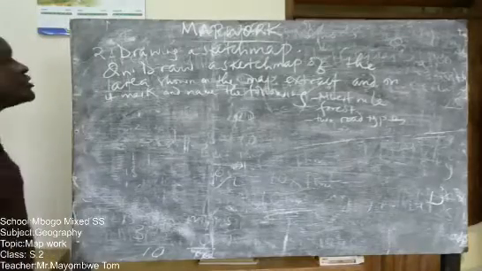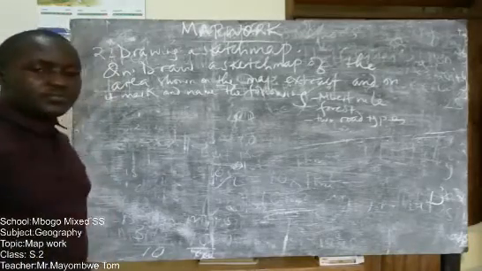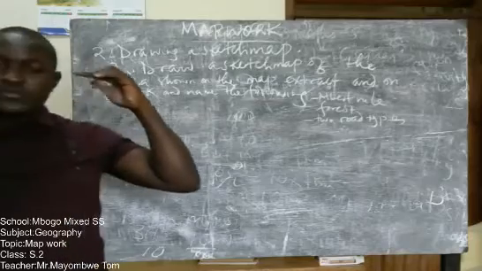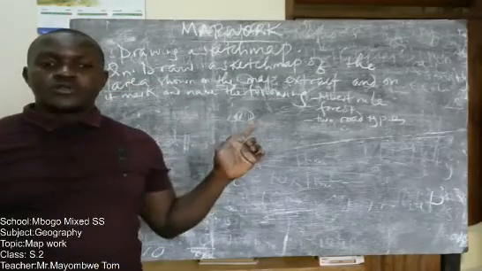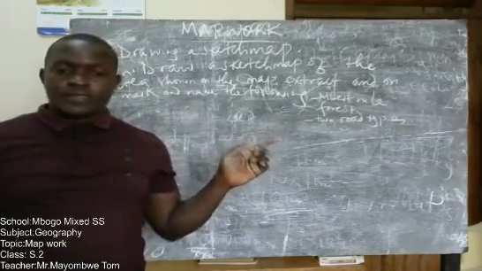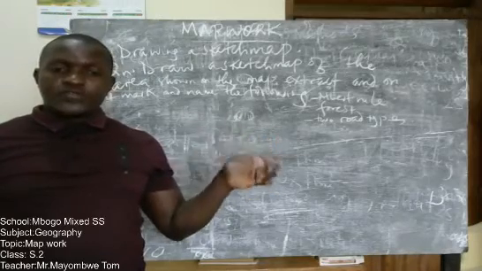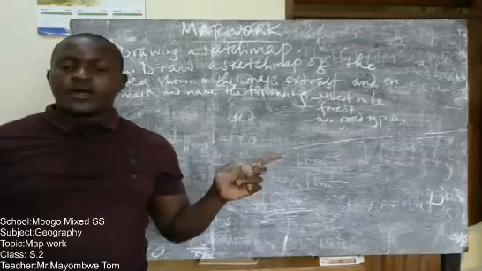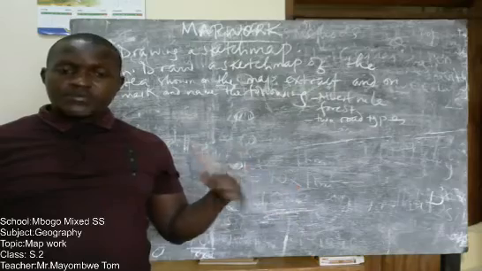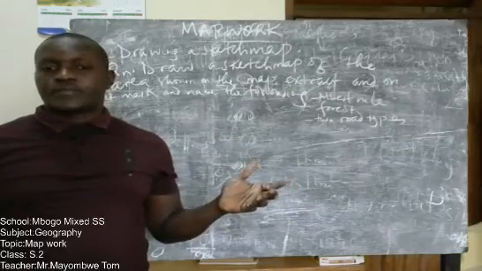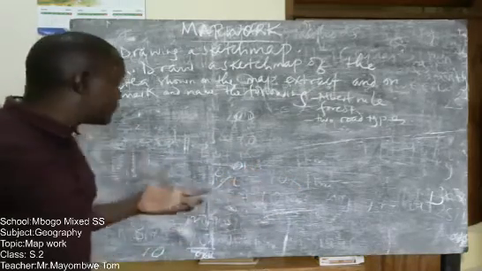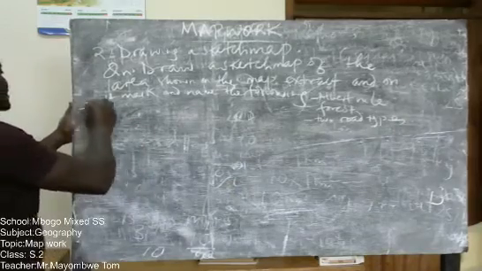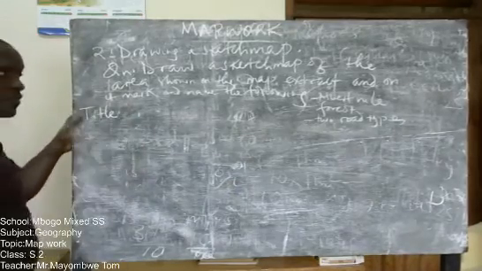Now, when a question is to draw a sketch map, the first thing that has to come into your mind are the qualities of a good sketch map. How is a good sketch map supposed to be? A good sketch map must have the title.